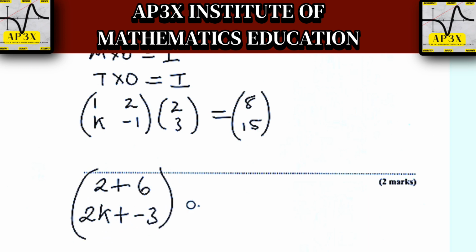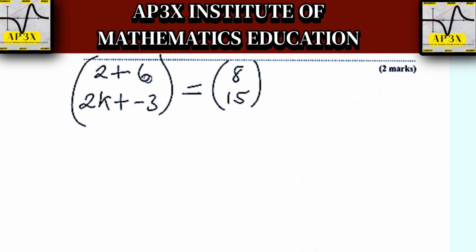And then that's going to be equal to (8, 15). Obviously 2 plus 6 is in fact 8, so we know that that's 8 already. And then we have 2k plus negative 3.